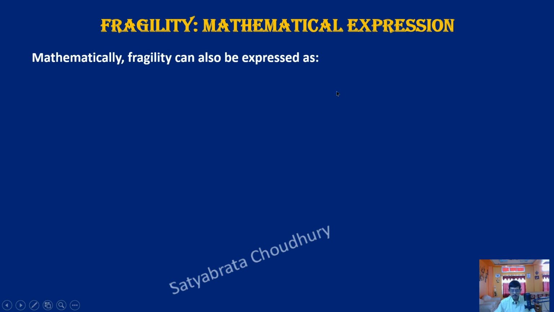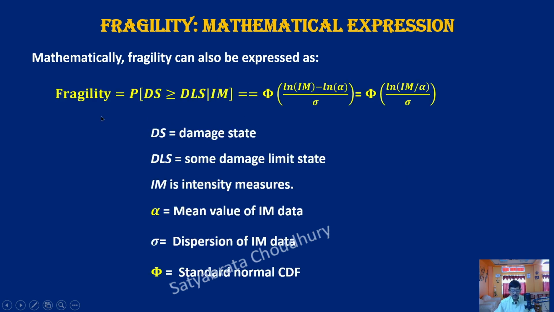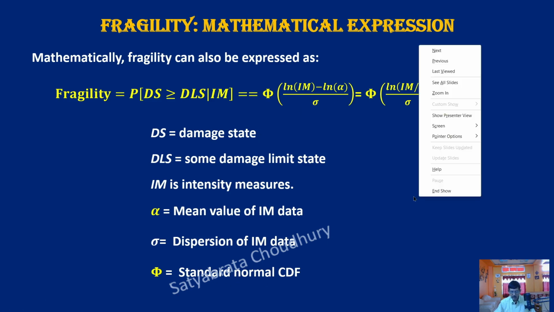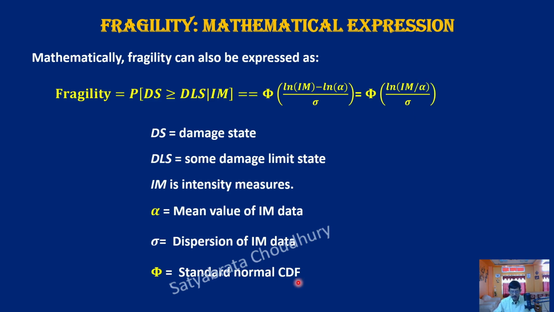Mathematically, fragility can also be expressed like this: fragility equals the probability of some damage state, DS, exceeding a certain damage limit state under some given intensity measure. So mathematically it is expressed as Φ of (ln IM minus ln α) divided by σ. Φ is the standard normal cumulative distribution function, CDF meaning cumulative distribution function.